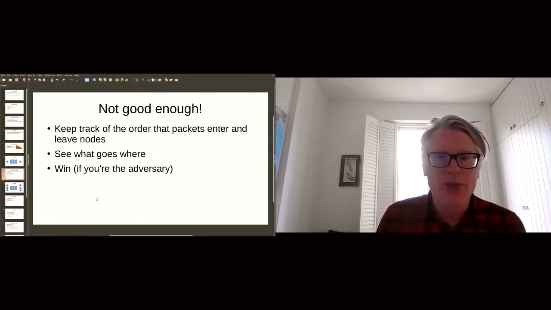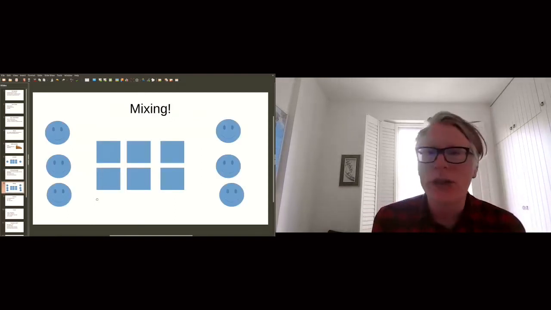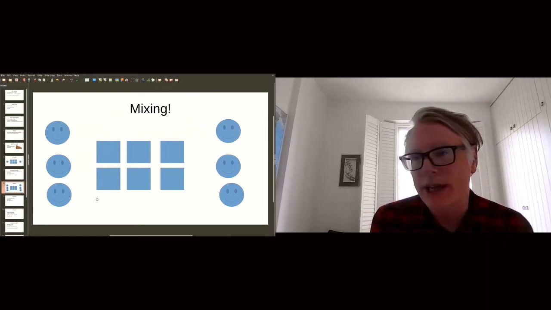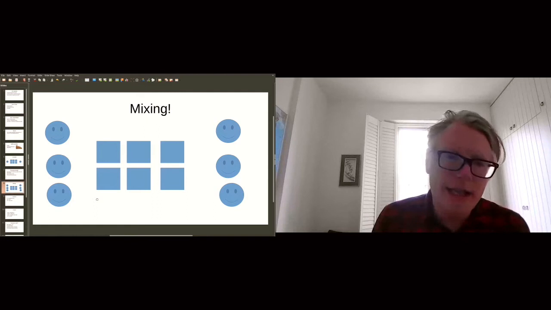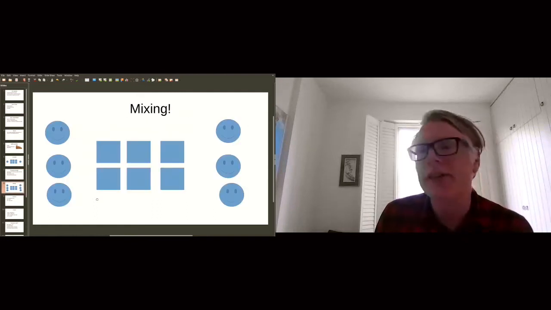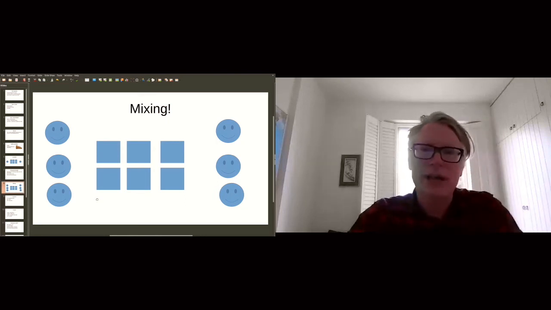So we introduce mixing, and mixing is only possible in a crowd. That is, if you only have one person or two people using this mixnet, mixing actually doesn't make any sense unless you introduce huge amounts of what we call cover traffic. So let's take this example that I have here first. You can see that we have people on both sides of this thing.